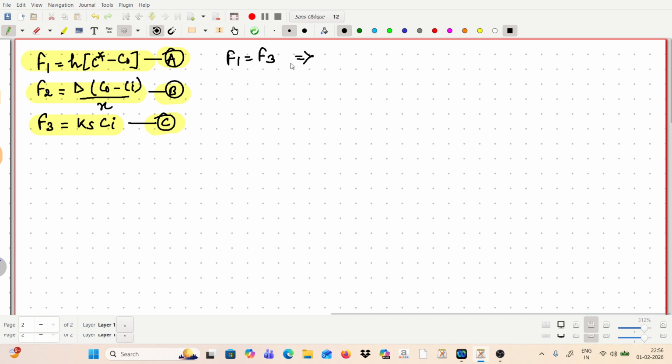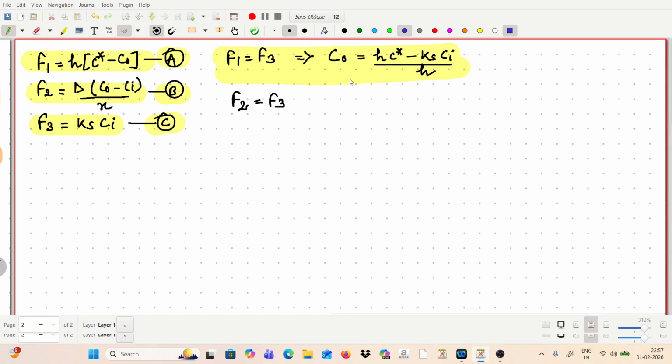After solving F1 equals F3, we calculated C naught as a function of (hC star minus Ks Ci) upon h. Clear? This we have also found. Now what we have to do is go for F2 equals F3.